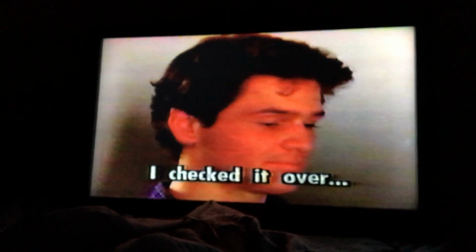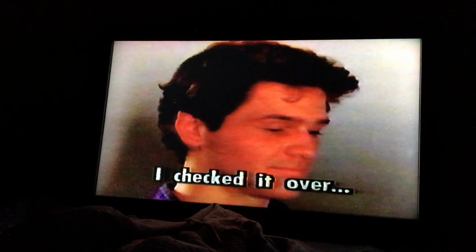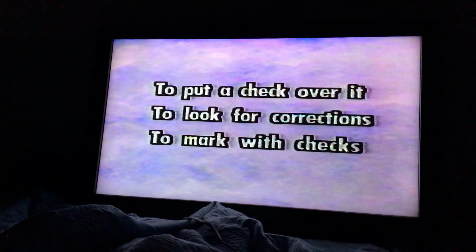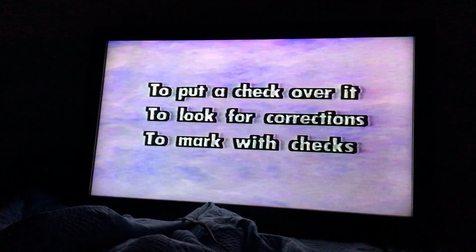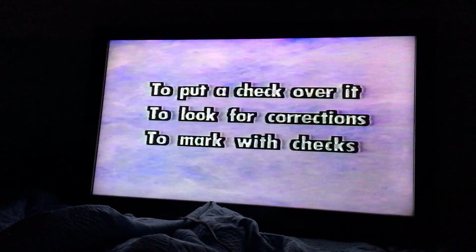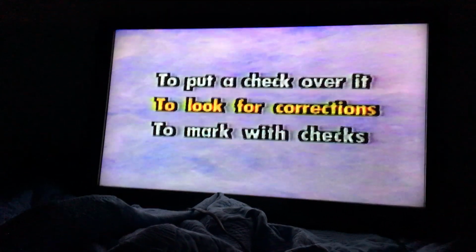John's father wants to review the homework, to look at it. And now, John tells his father, You don't need to do that. I checked it over twice already. To put a check over it, to look for corrections, to mark with checks, to look for corrections.